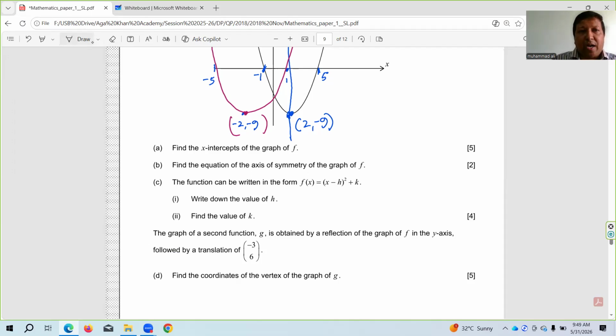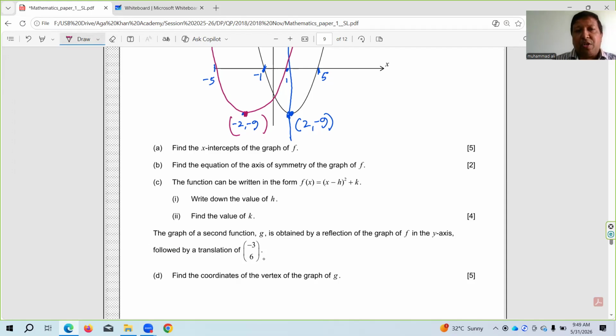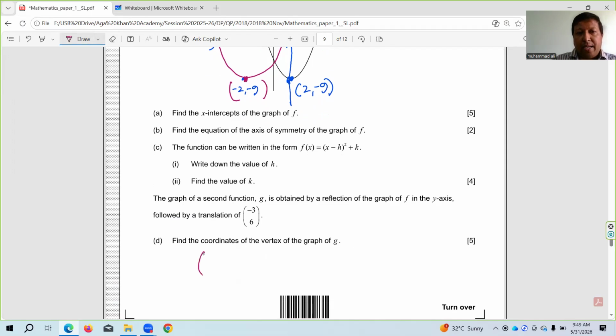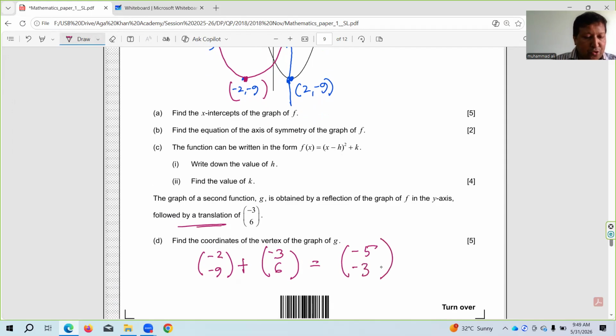So this vertex, followed by translation (-3, 6): we take (-2, -9) and add the translation (-3, 6). So the vertex will be (-5, -3). So the new vertex of graph g is (-5, -3).